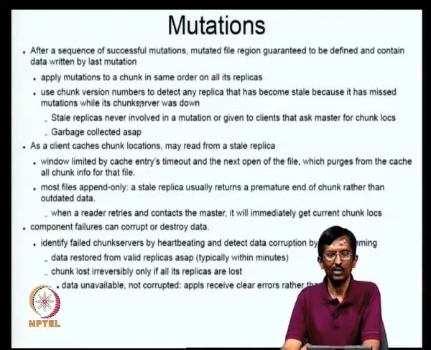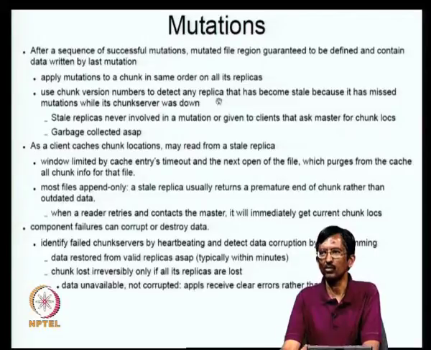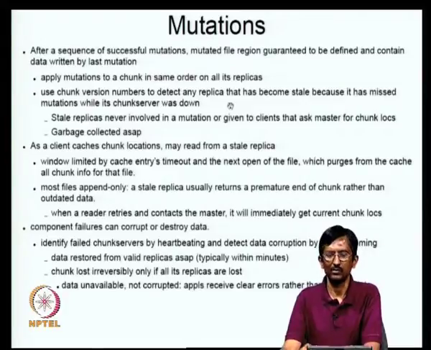Okay, and to detect these things, you have version numbers. The version numbers can be used to figure out which replica is stale. I think this is similar to, again, if you look at NFS, we have some notion of what is called stale file handles. There you have something called generation numbers, and from there you can figure out if something is stale. Slightly different model here, but it is something similar. Okay.